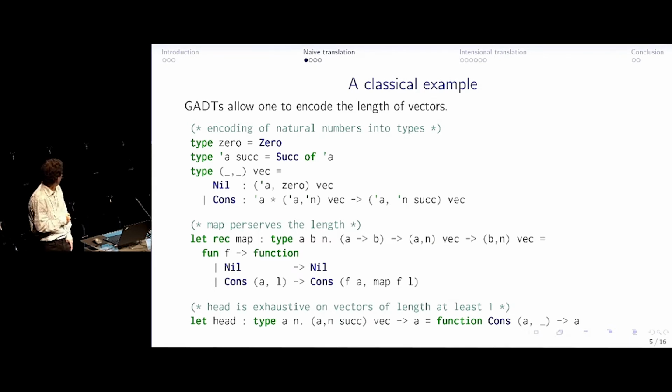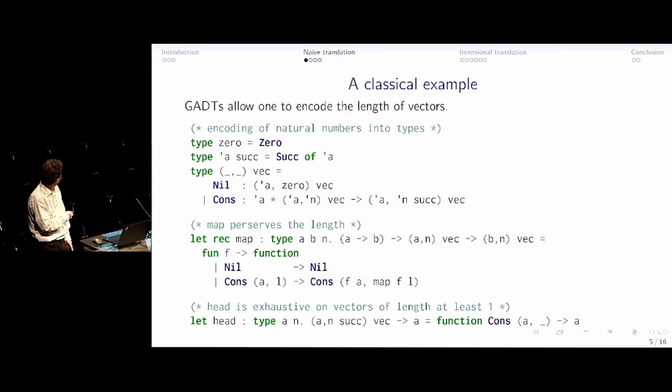In OCaml we can define a map, which isn't going to change the length, and we can also define head, which taking a vector of length n plus 1 is going to return its head, and doesn't even have to consider the case of the empty list, since this cannot happen.